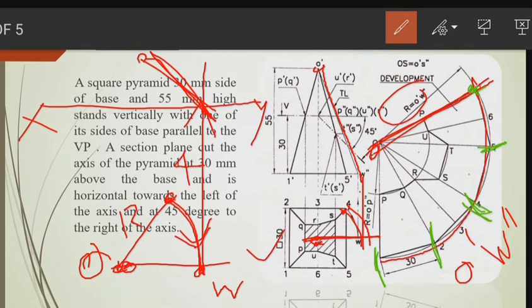Okay, so what we did is we just drew an arc length, the length of the line from the O point. We just pointed out a point O, and then O dash to that W dash length, this length we measure, and that length we will make here as the radius.